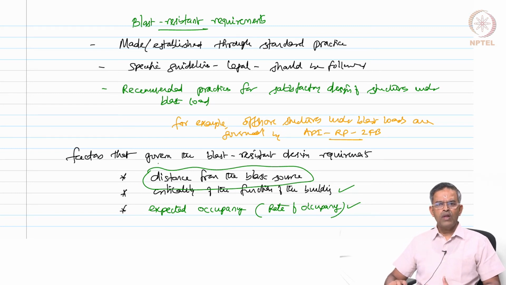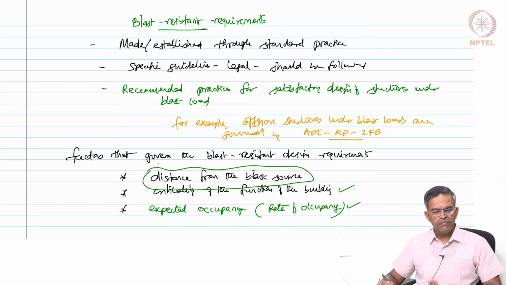I am sure people will know how to identify what are the probable blast sources, okay? What are the reasons for industrial explosion, which we will also discuss in detail in the coming part of this lecture. But blast sources can be easily identified in a given industrial plant. So, what is the distance of the building which you are going to design, which needs the design for blast resistance?